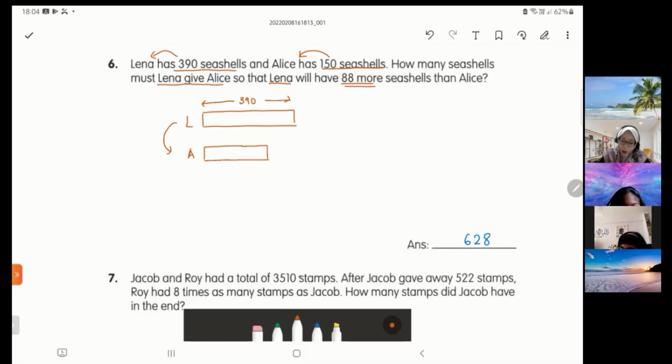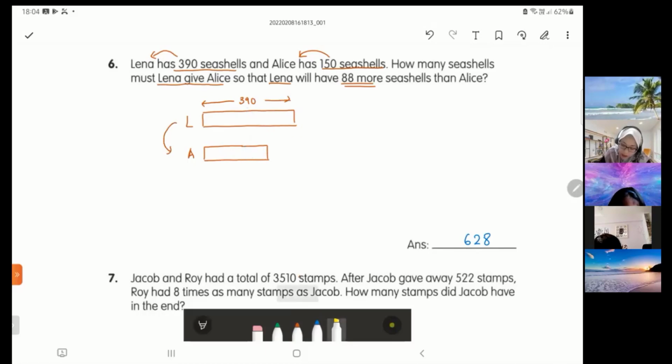Okay, so where is the 88 more coming from? It will be coming from that extra portion, which means Lina must give away this part here, so that the balance here will be 88 more.